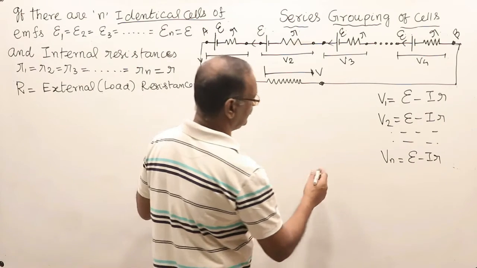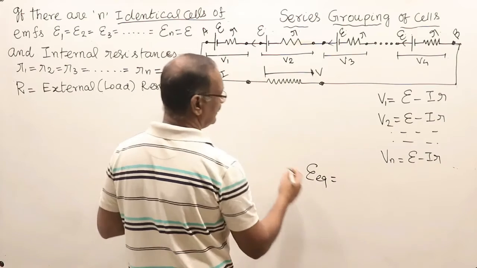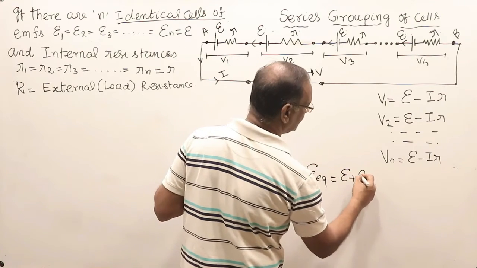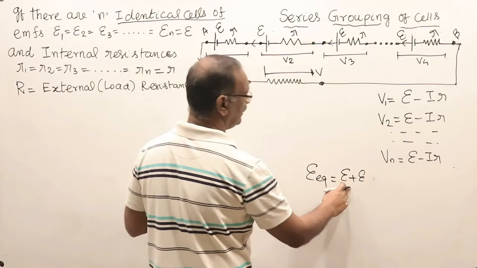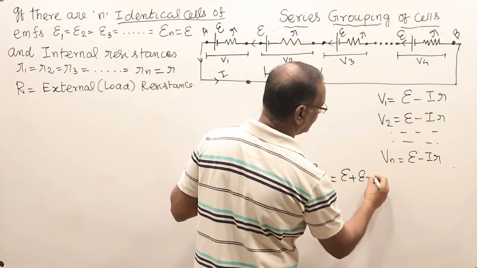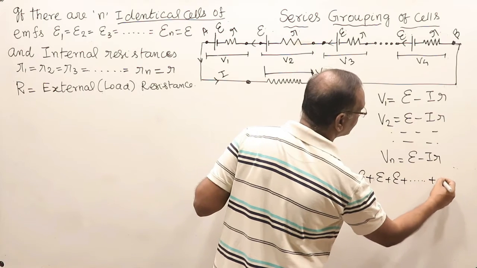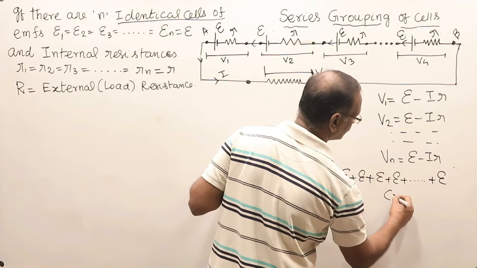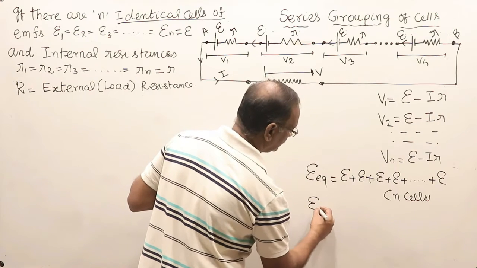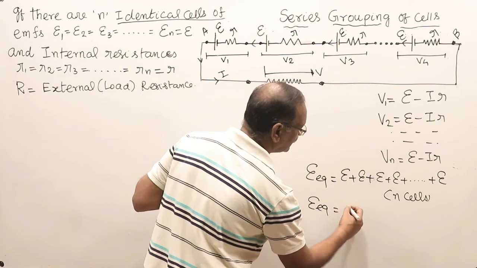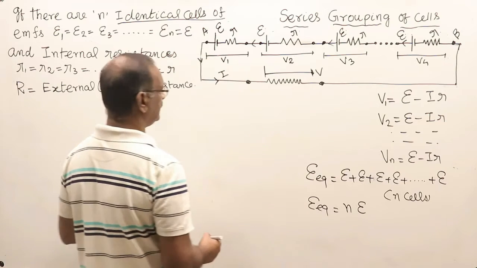Now let us talk about the equivalent EMF, the total net equivalent, that is E1 plus E2 and so on up to n cells, where each is epsilon. So the equivalent EMF is equal to n times the EMF of a single cell. What about the internal resistance?